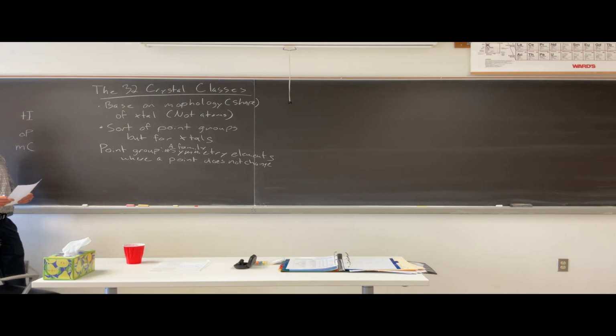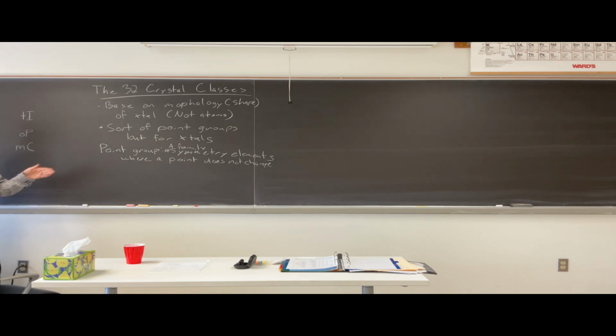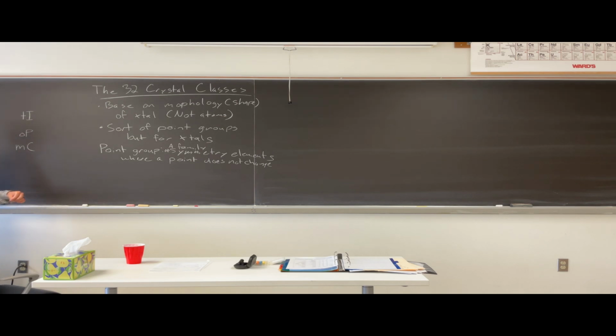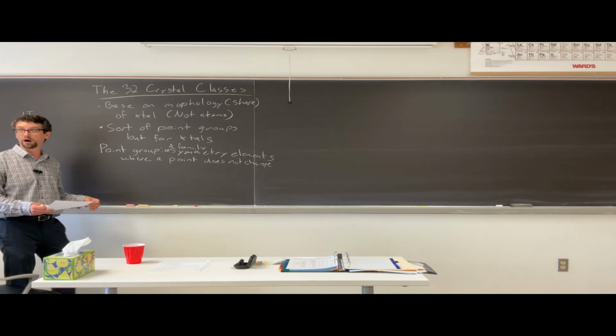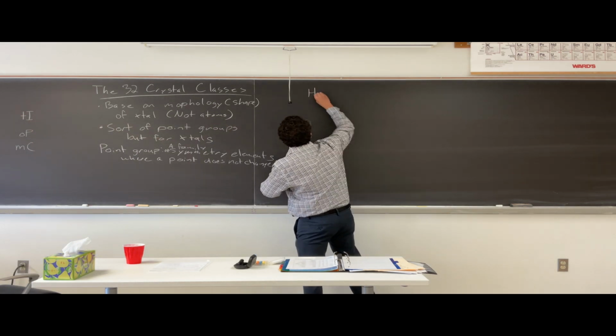Okay. So we're not going to go over all the point groups, but we are going to go through some of the symmetry so we understand what those symmetry elements are. I'm not asking you to be an expert and completely identify everything based upon them, but I do expect you to understand what those symmetry operations are. Okay? So how do we determine?